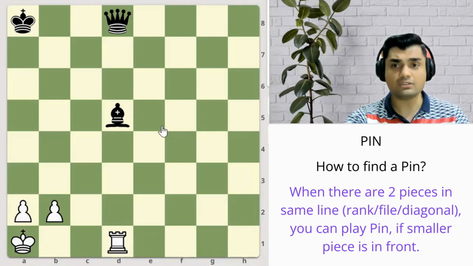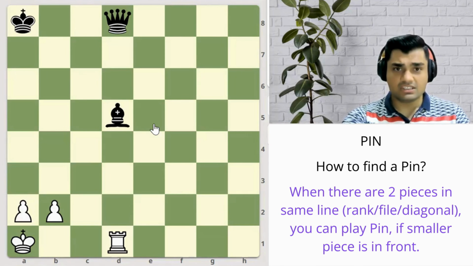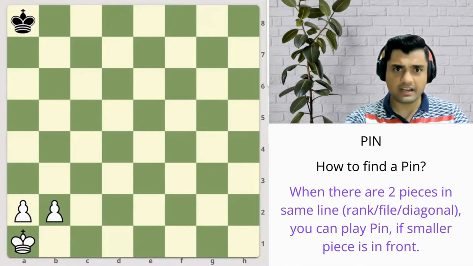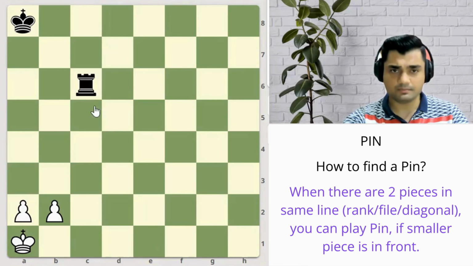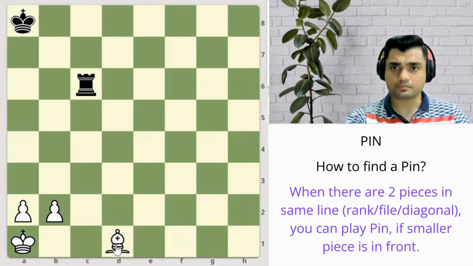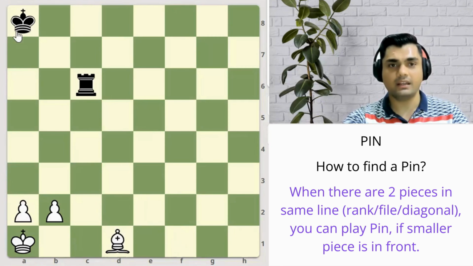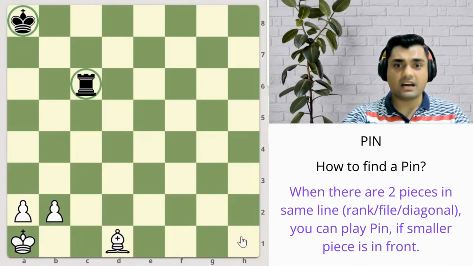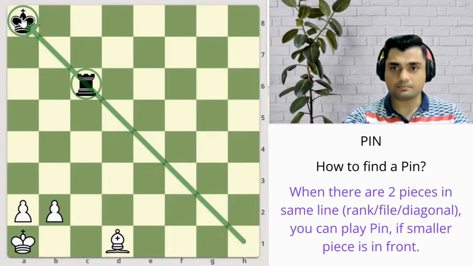So whenever you find two pieces in the same line of attack, there is a high chance that you can pin a piece over there. Similarly, let's make this example slightly different. If there would have been a rook here, and let's say white had a bishop. Now again, these two pieces are in the same line of attack.